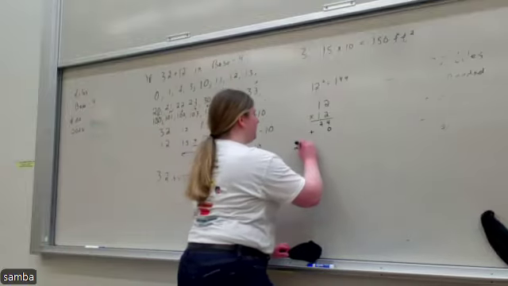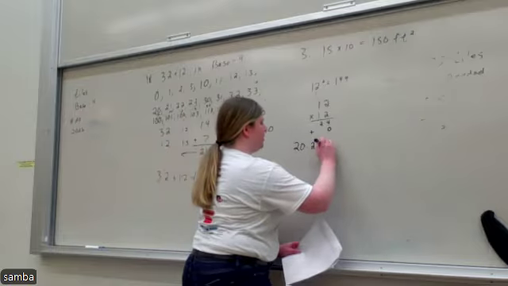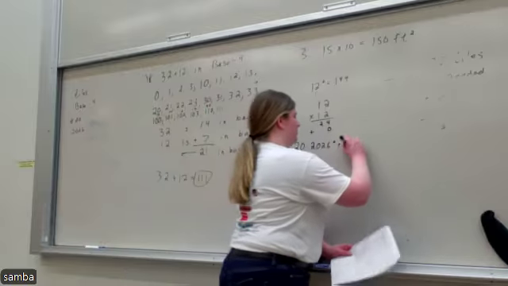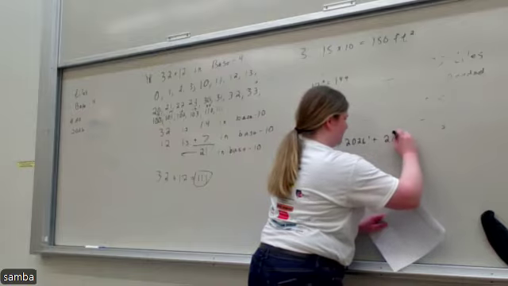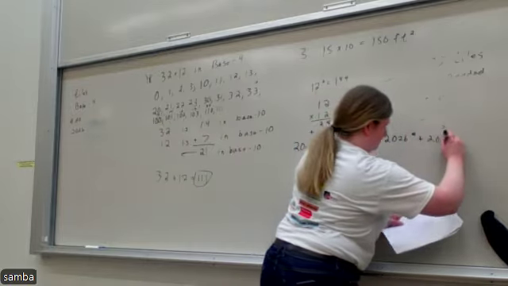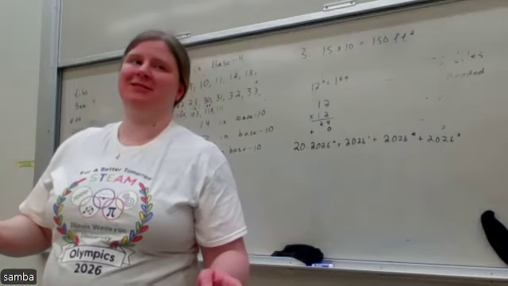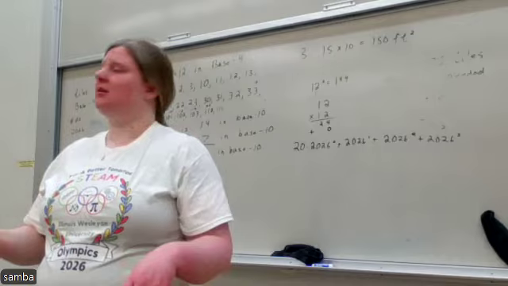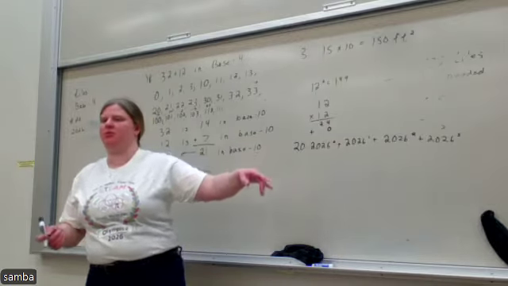So for number 20, we have 226 of 0, 226 to 1. So all you have to do is take the ones places to the powers.